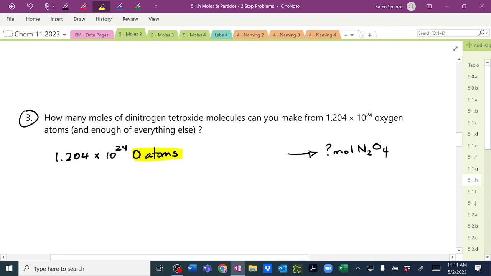Can I go directly from O atoms to moles of a different substance? No. Because I have moles of N2O4, I actually need the number of N2O4s.